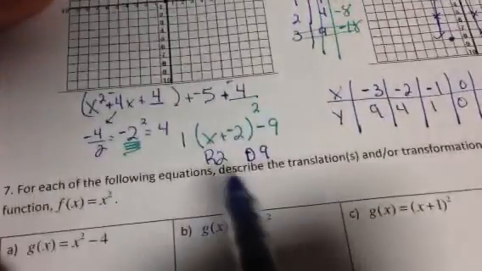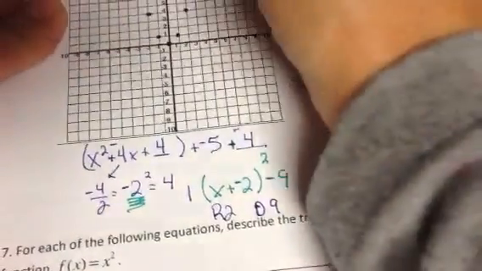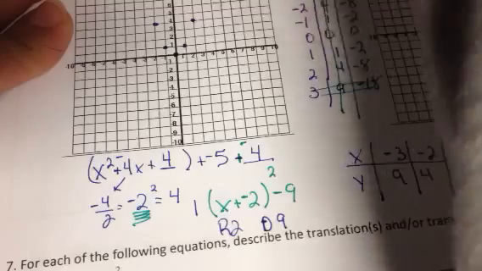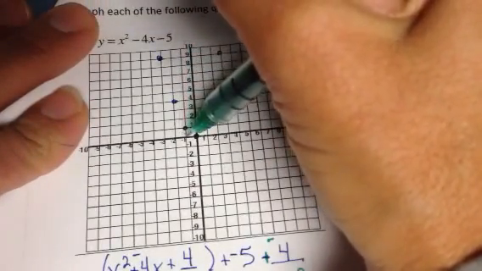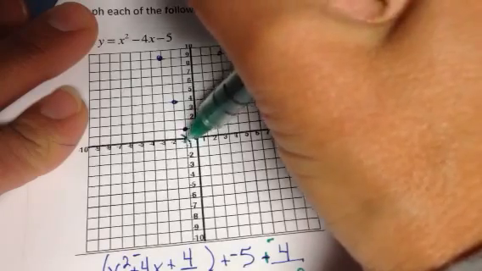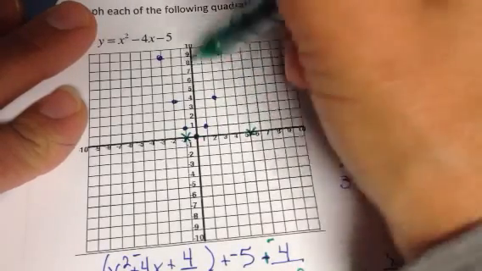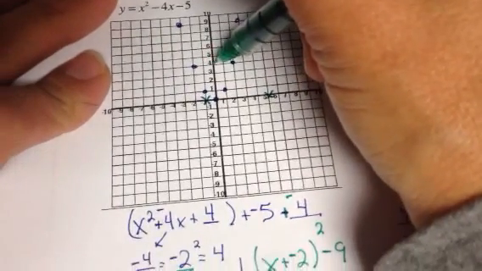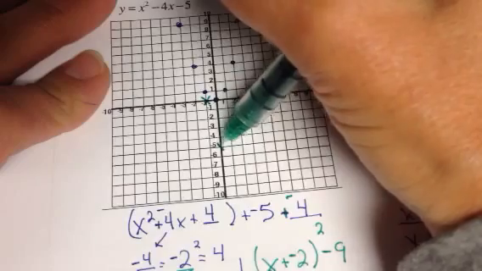And now I'm just going to follow the other transformations. I'm going to go right 2, down 9. So let's use a different color. So right 2 and down 9 lands that point right here. This one right 2 and down 9 lands it here. This one's going to go right 2 and down 9: 1, 2, 3, 4, 5, 6, 7, 8, 9.